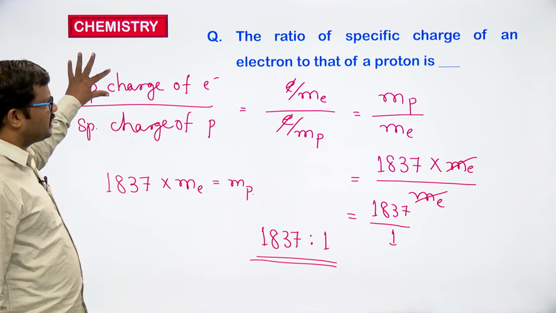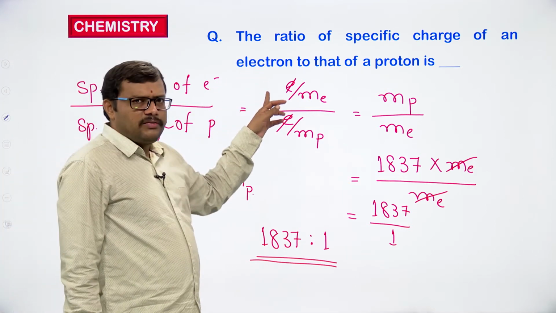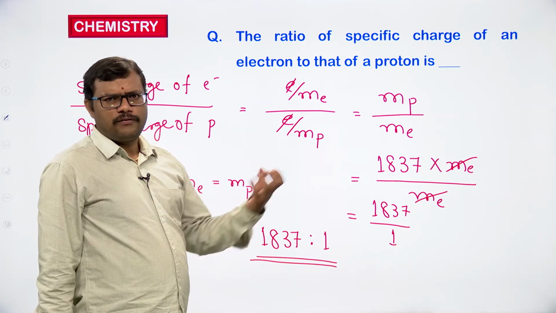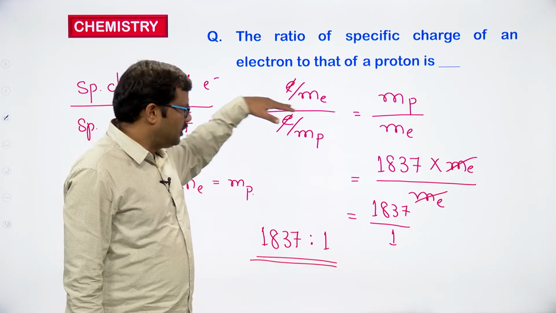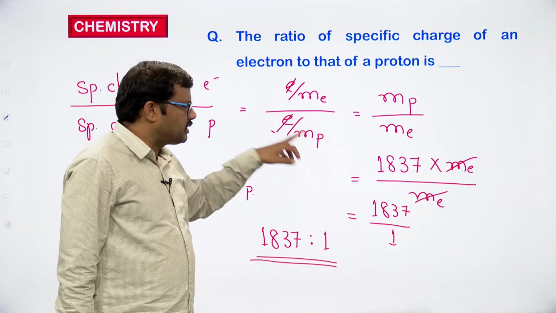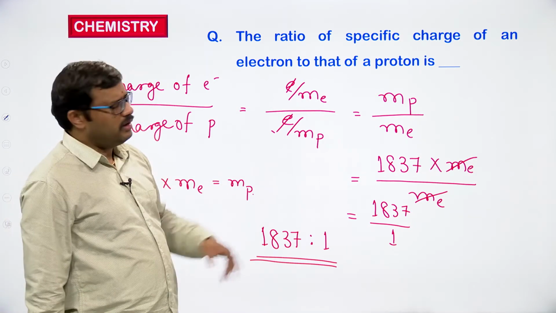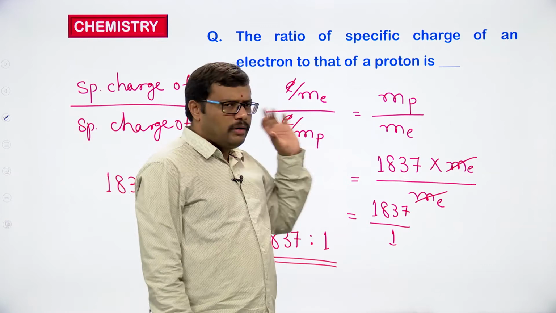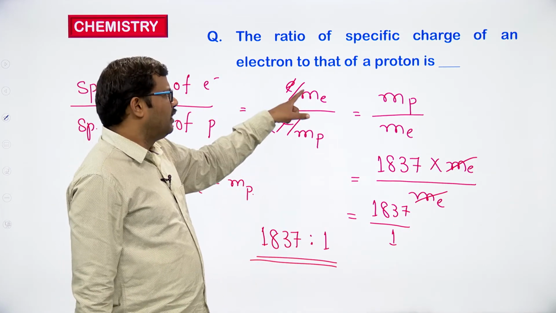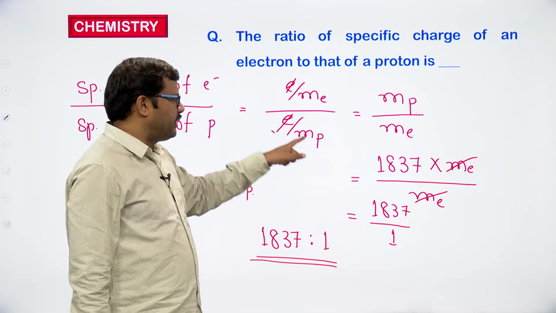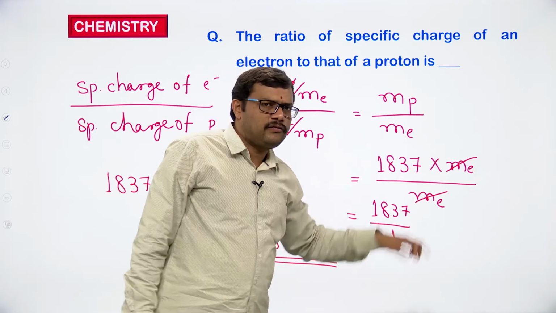So what we are doing here is taking the specific charge of the electron and dividing it by the specific charge of the proton. Specific charge is the ratio of charge to mass. So charge of electron divided by mass of electron, divided by charge of proton by mass of proton. Charges are the same in magnitude, so they get cancelled out. We are left with 1 by m_e divided by 1 by m_p, that is, mass of proton divided by mass of electron.